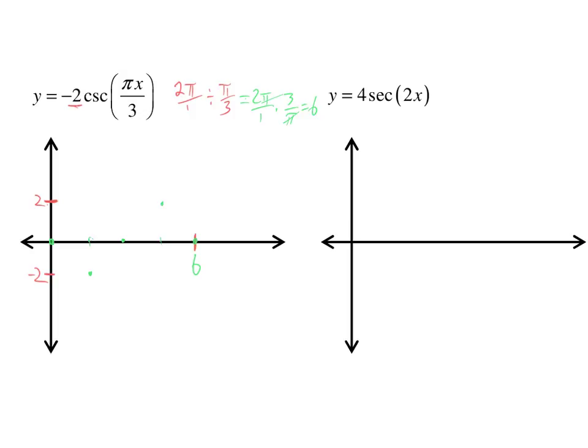Now, the difference here with this type of graph is you have asymptotes wherever you hit the x-axis. So we have an asymptote right there, and right there.